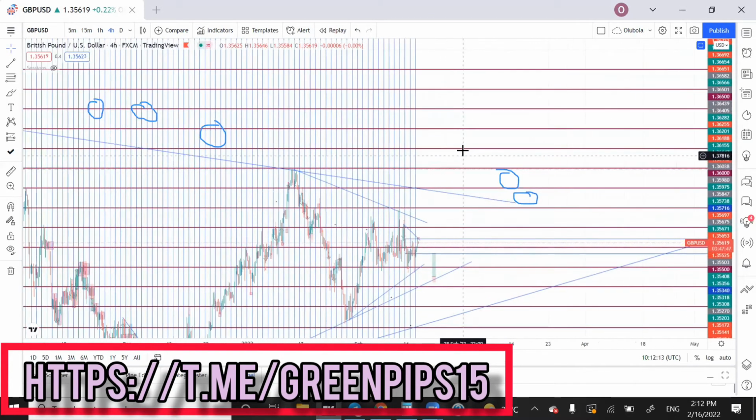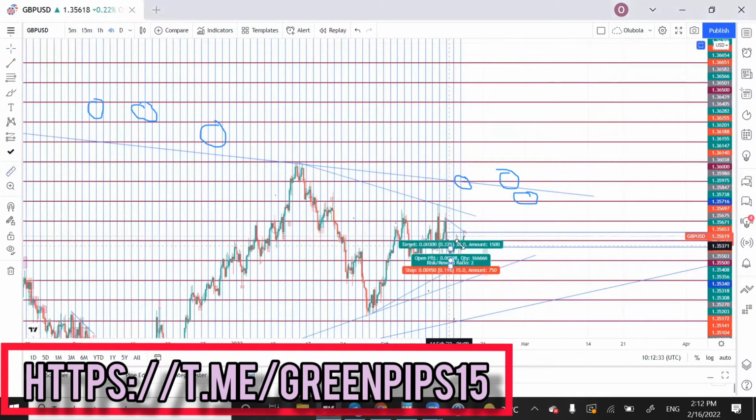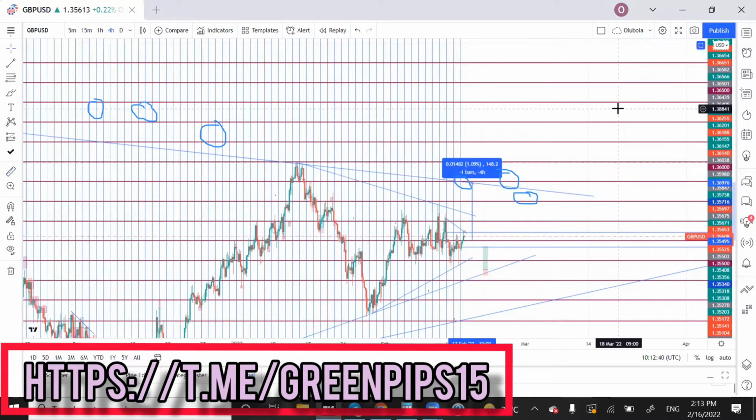Why do I say it's not valid for now? Before the market will get to this particular point, it's over how many pips? From where the market is to this particular point, it's over 150 pips. So for now, it is not valid.